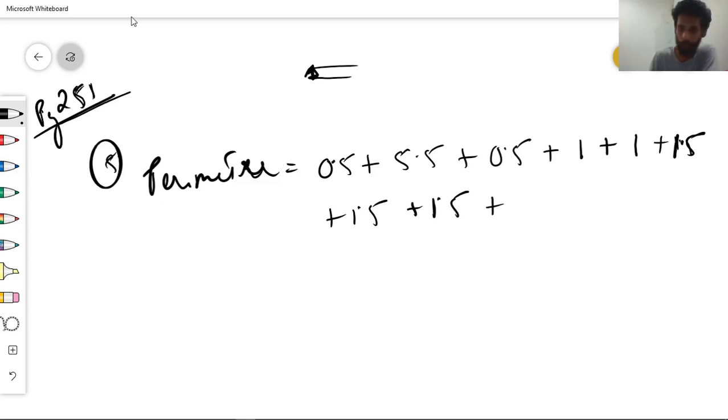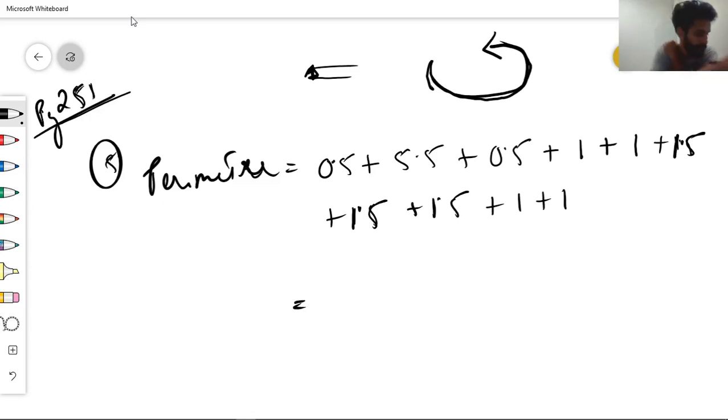Then I have to plus 1 again, then after that 1. Then I am done. See here, I am going in the anti-clockwise direction, just to make you understand this.